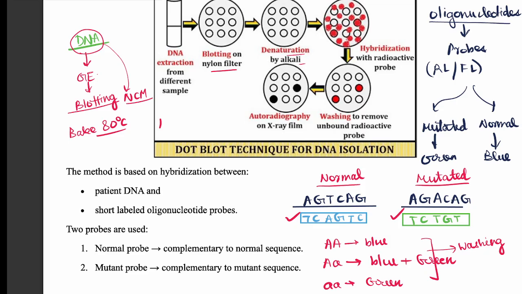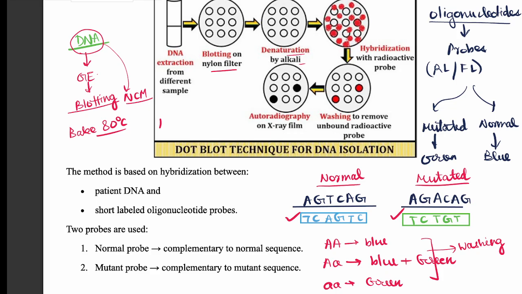Now suppose after washing you find that only blue probes are present on the membrane and all the green probes have been washed out. It simply means that your DNA was normal and your person was capital A, that is dominant homozygous. If after washing you find that both kinds of probes are still attached to the membrane, it simply means that your person was heterozygous.